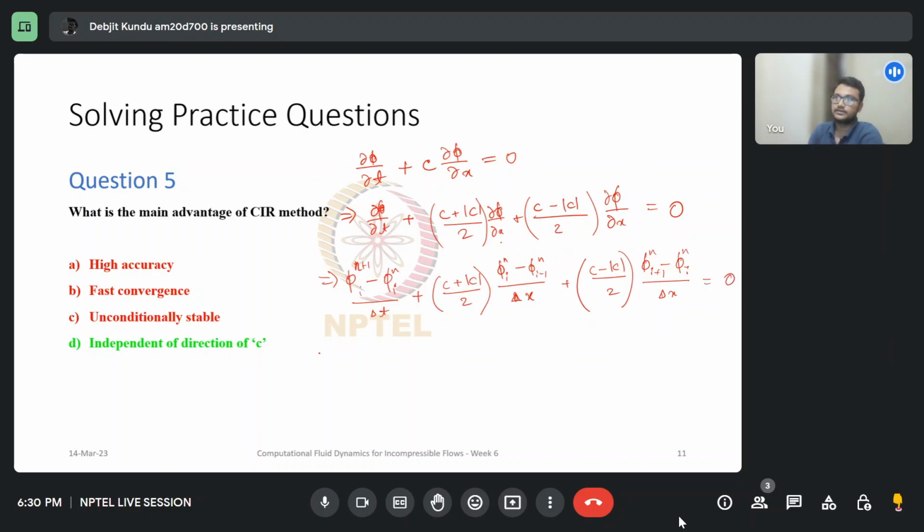So here some funny things happen. If C is greater than 0, that means C is positive, and this C plus mod C by 2 is equal to C, and C minus mod C by 2 gives me 0. So this term vanishes, and this third term vanishes, and this term remains.